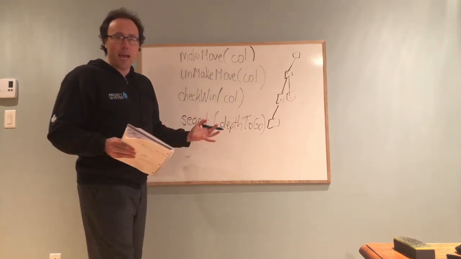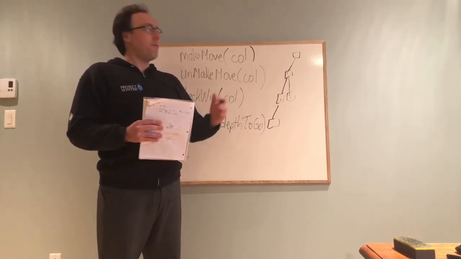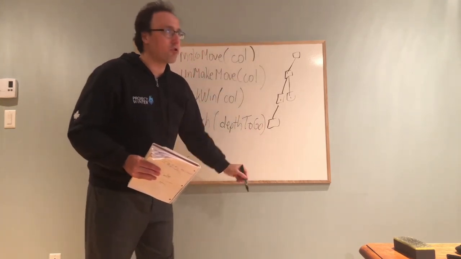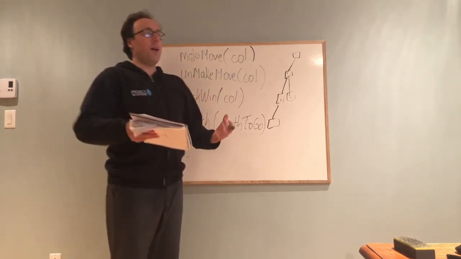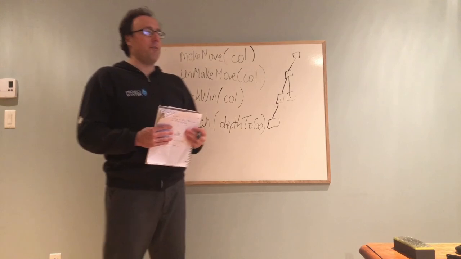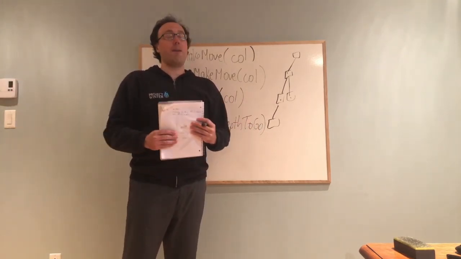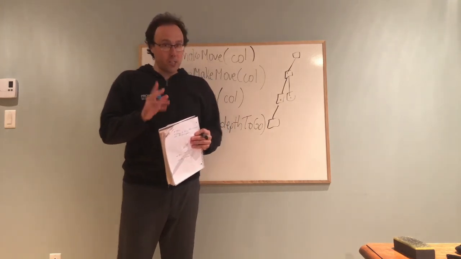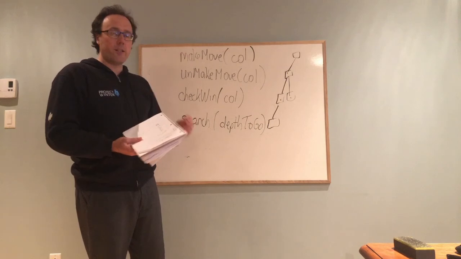Now 3 is just an example. I could pass in a larger value, and obviously then I'm going to search deeper down in the tree, and I'm going to come up with a better solution. Now you might be saying, well Eric, why don't you pass in a search of 42? Or basically search till the end of the game. And potentially we could. The only issue there is that we would potentially run out of time.